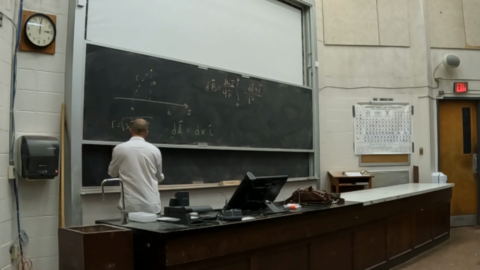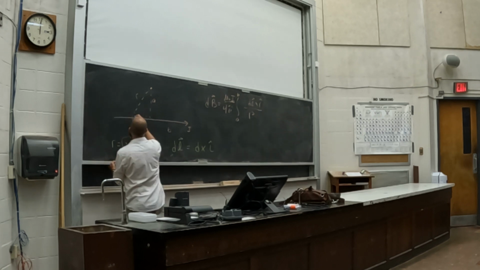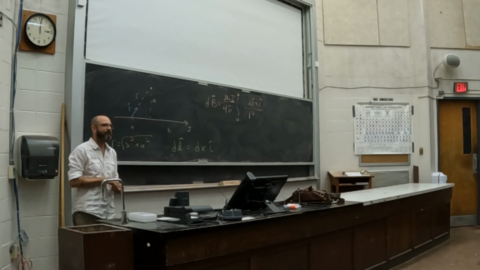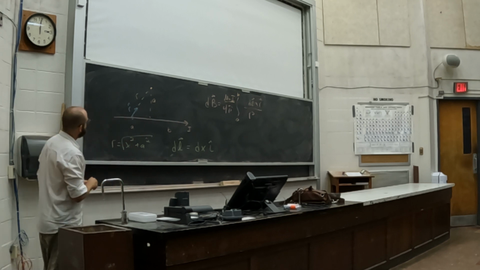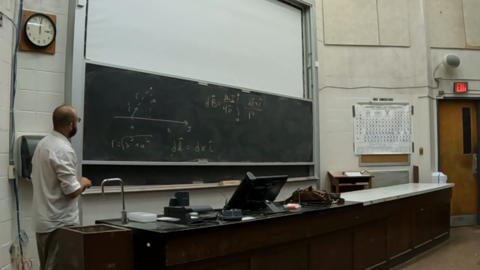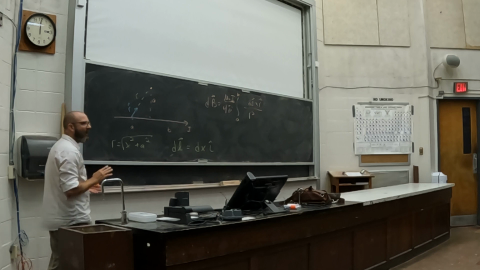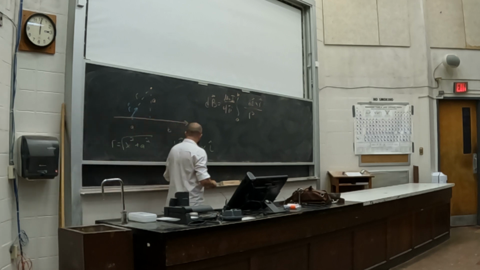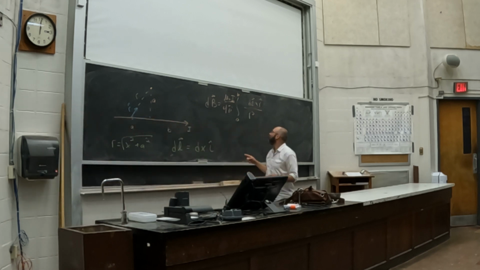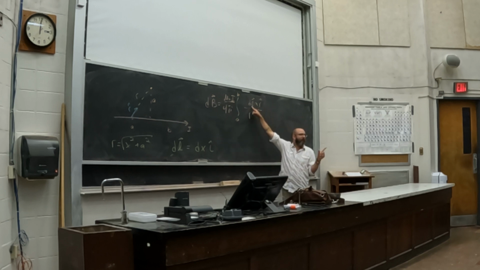Now, what about the r hat? Well, if I draw that in, there's r hat. And what does the cross product tell me to do? Cross product, if you remember, says take the magnitude of this one, multiply it by the magnitude of this one.